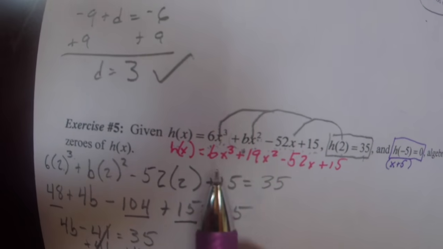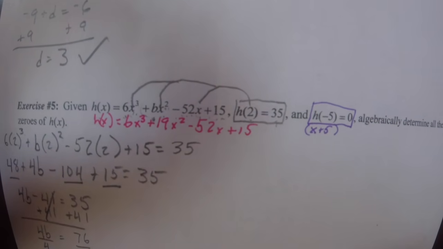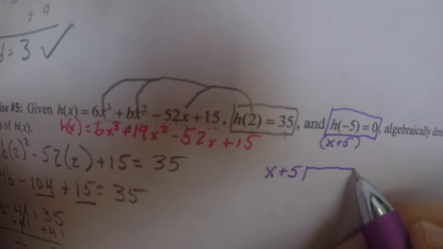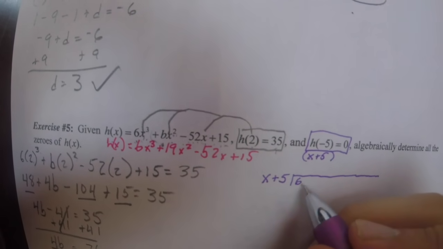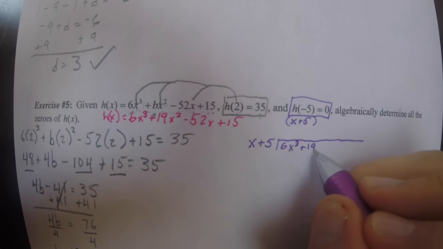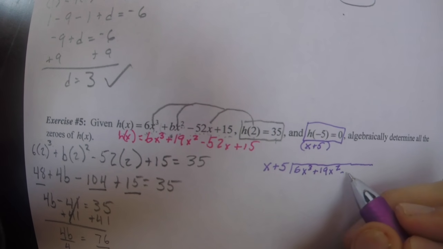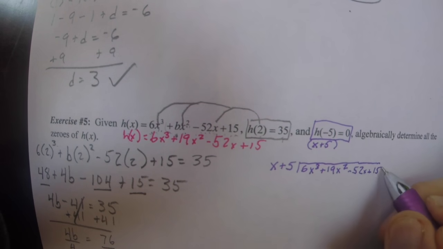So I'm going to divide this function by this factor to figure out what's the other factor. x plus 5, we're going to divide that into 6x to the third plus 19x squared minus 52x plus 15.